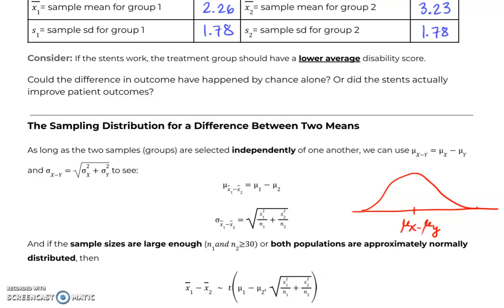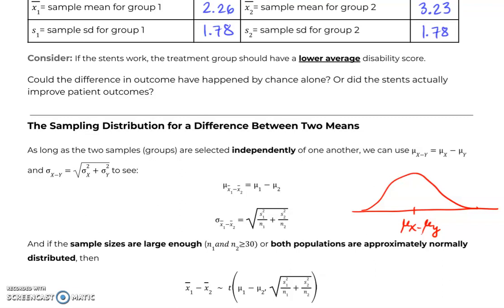And moreover, we know that when we are putting two data sets together, whether we're adding or subtracting, we always introduce additional variation, which is why when we're looking at the standard deviation of this, we're actually finding the square root of the sum of the variances.